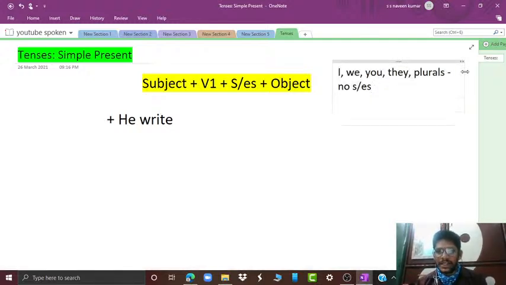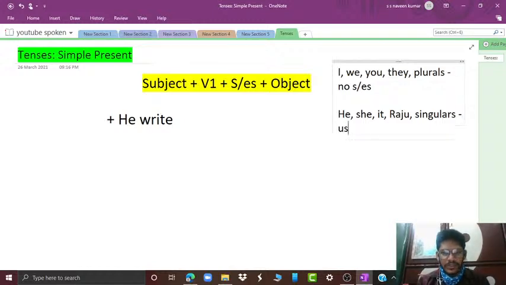Next, when second category subjects are there, like he, she, it, names like Ravi, Raju, and singulars, then in such situation we use S or ES. So we have to understand when do we use S or ES and when we don't use S or ES.